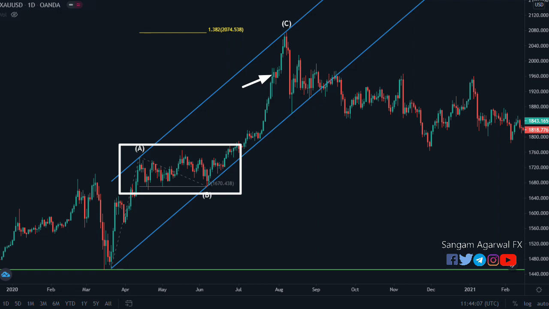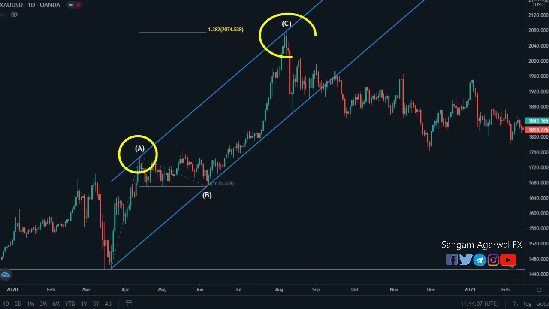There was a fixed extension here, but price broke out upside because it was in the middle of the channel, not at the lower or upper trend line. Then again it tested this upper trend line at the 1.382 fib projection at 2074. This was your all-time high.